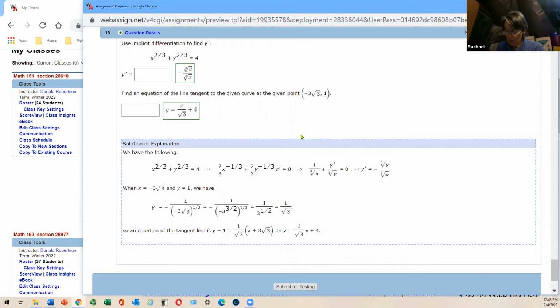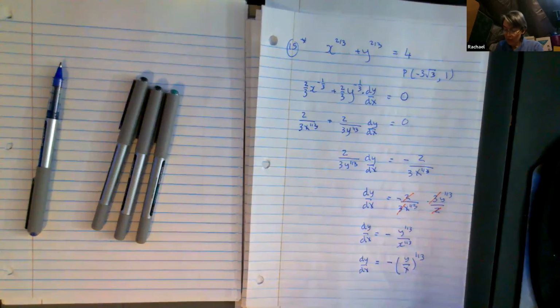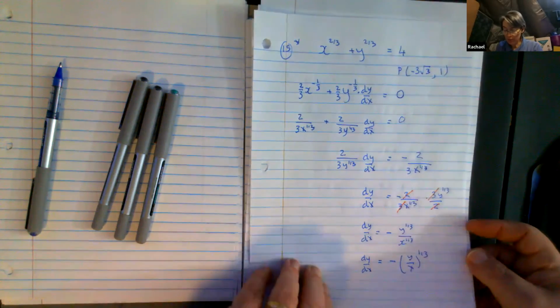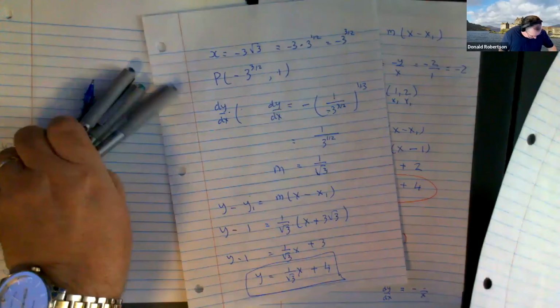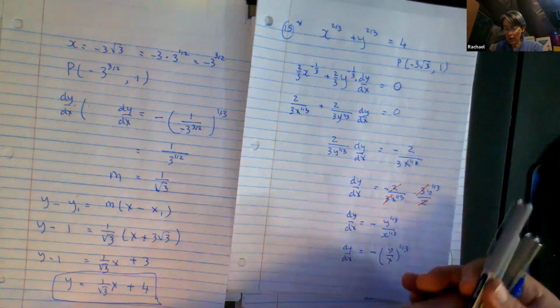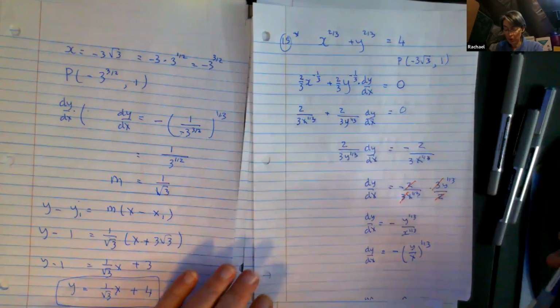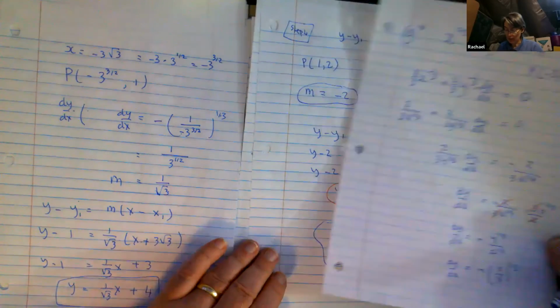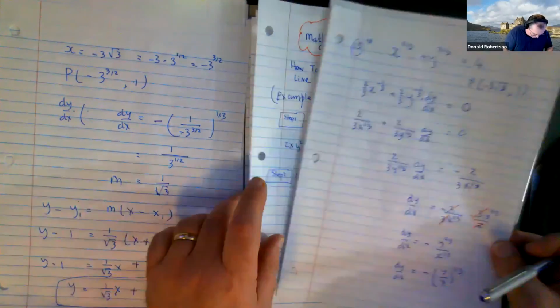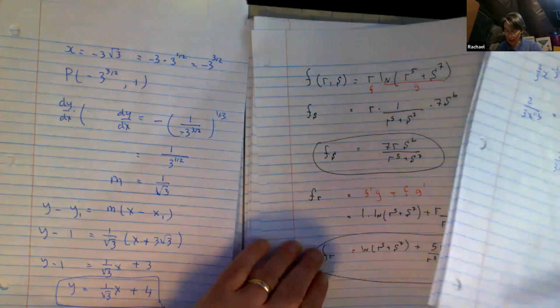Okay. So I came up with, for the slope, the m, before I plugged in my points, negative cube root of y over negative cube root of x. Okay, that's fine. That's correct. Okay.